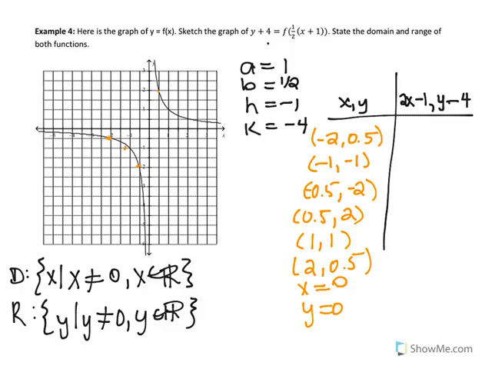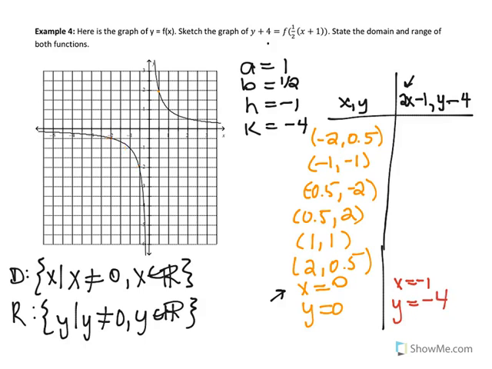So let's start with transforming those. So our x equals 0, again, it's not going to be transformed here, but we are going to subtract 1, so it's now going to be at negative 1. And our y equals 0 will now be at negative 4.